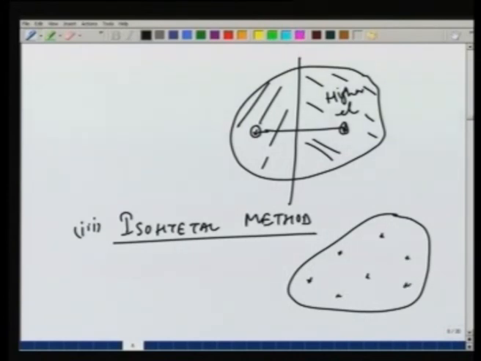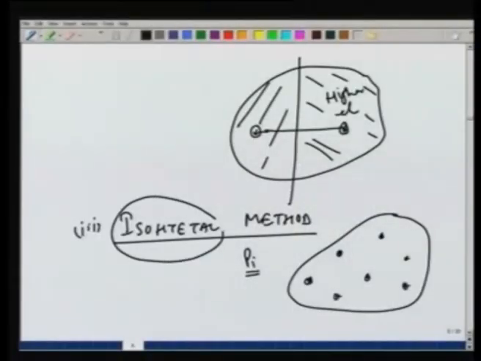So, suppose we have the rain gauges at these locations, the values of the precipitation here are known. So, at all these stations we know what are the values of P I. Now, using that P I, similar to contour lines which show equal elevation, we can draw lines which are known as isohyetal lines. Isohyetal lines are lines representing equal precipitation depth.